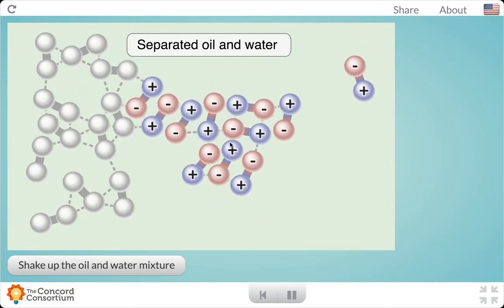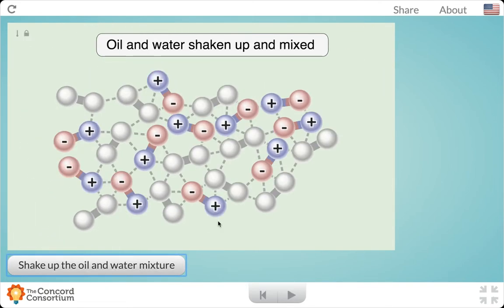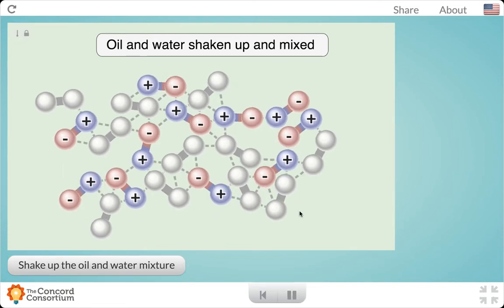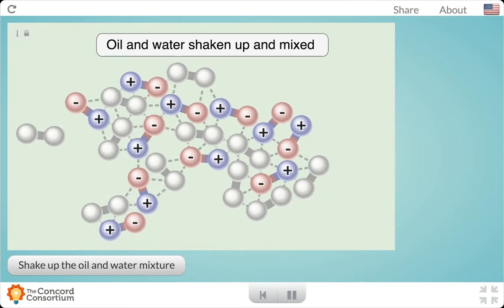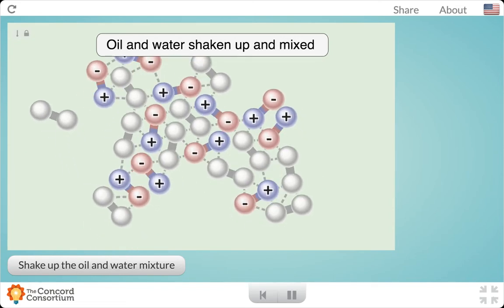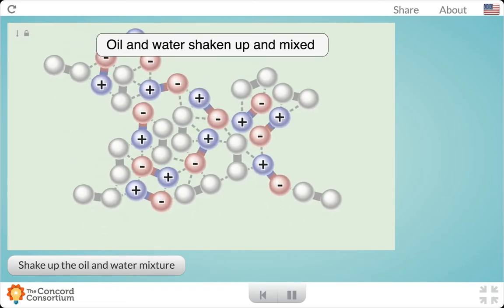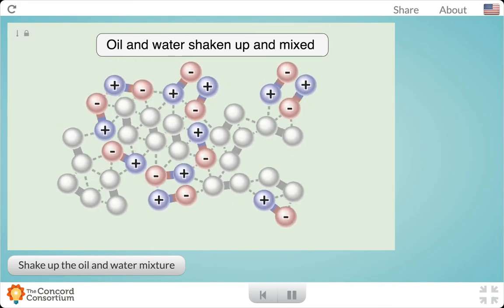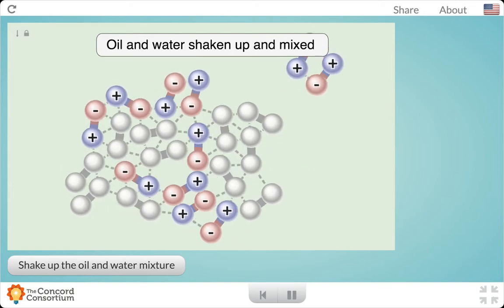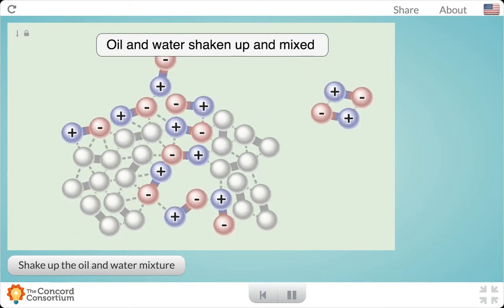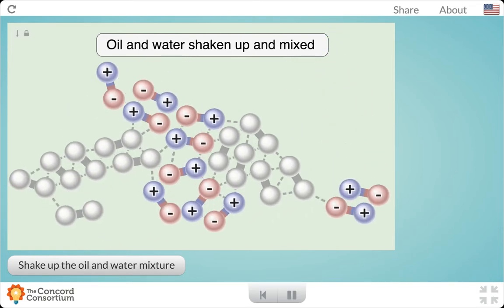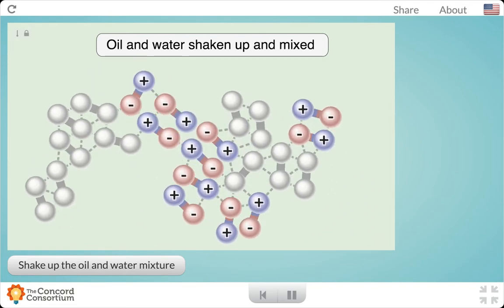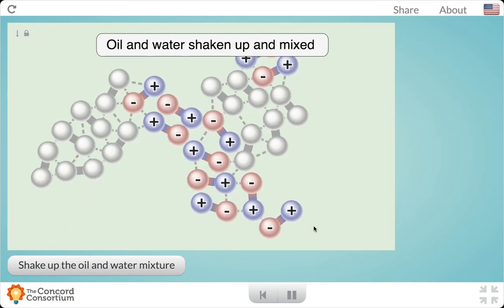So the water is going to stay attracted to itself, even if we shake it up and make the oil and water mix. The water is going to go back to being isolated together, and the oil or hydrocarbon will go back to being isolated together, because water is polar, and so it's attracted to itself and other charged or partially charged molecules.